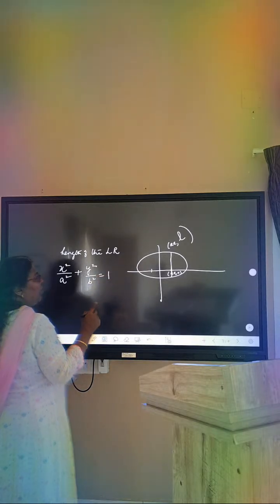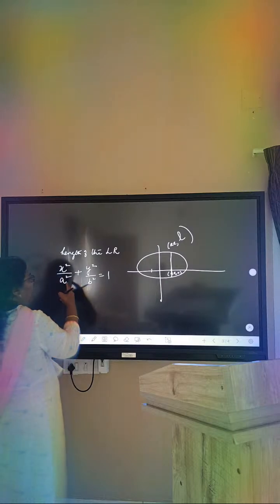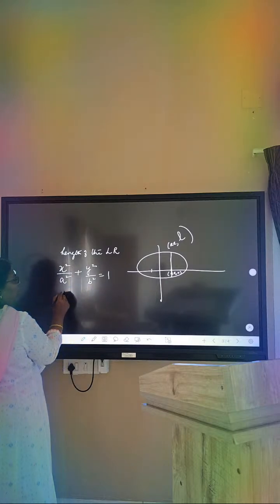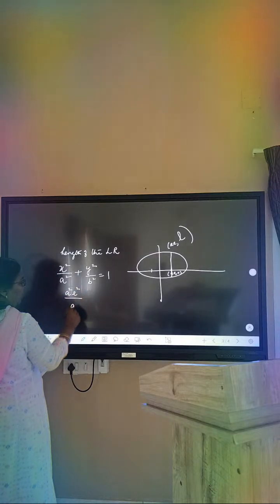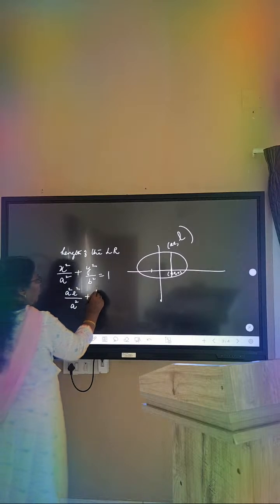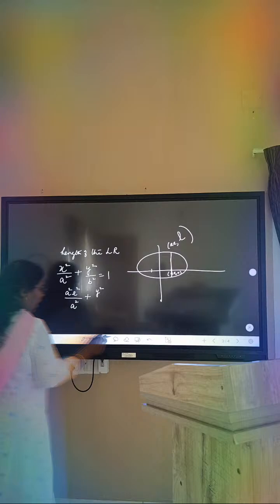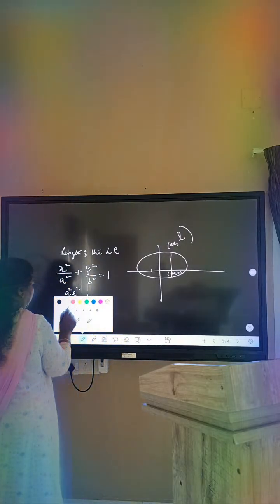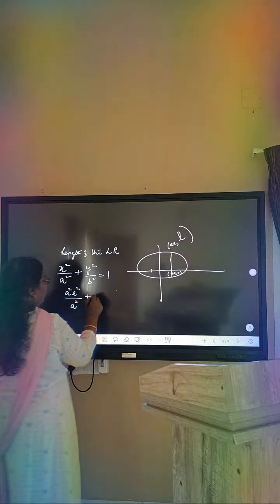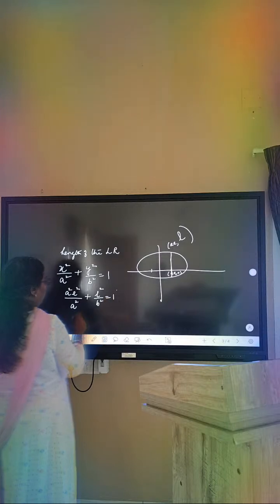Since (ae, l) is a point on the ellipse, it satisfies the equation, and therefore I am substituting here. When I substitute, you will get a squared e squared divided by a squared plus, instead of y, I have to substitute l, l squared by b squared, and that is equal to 1.